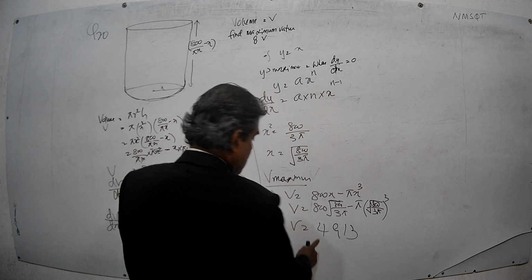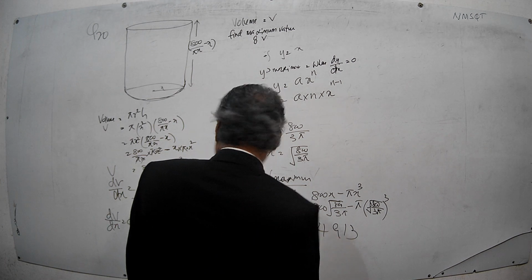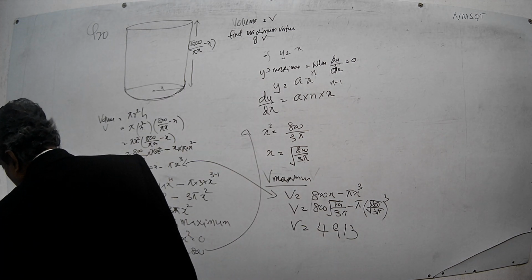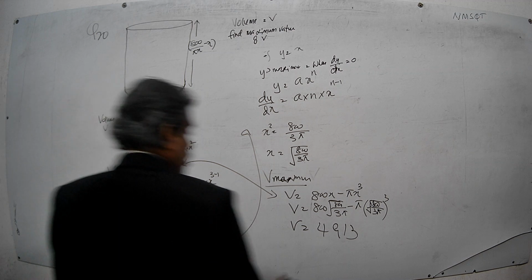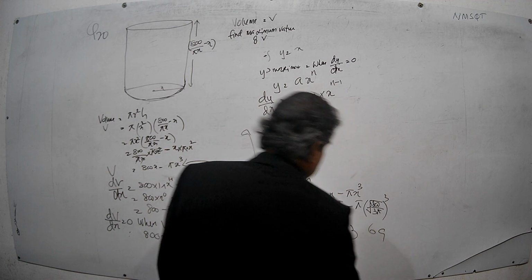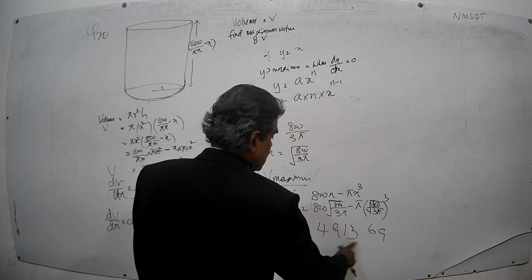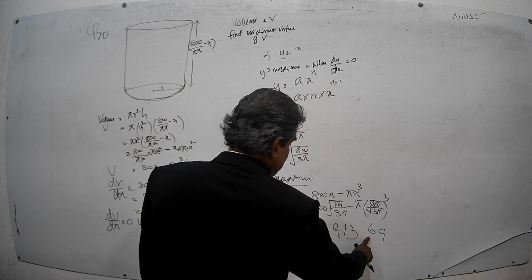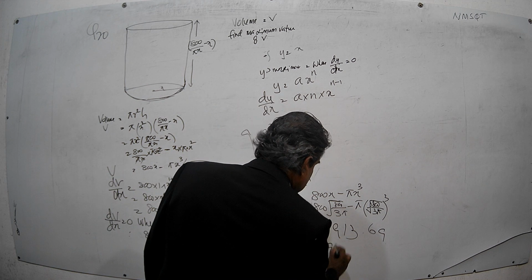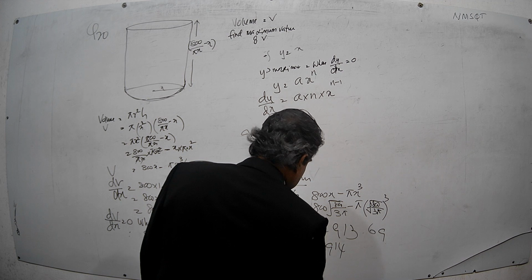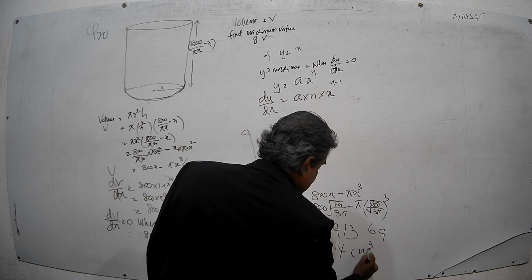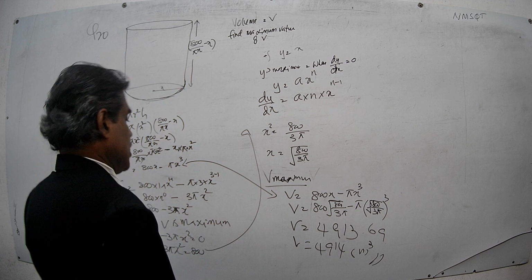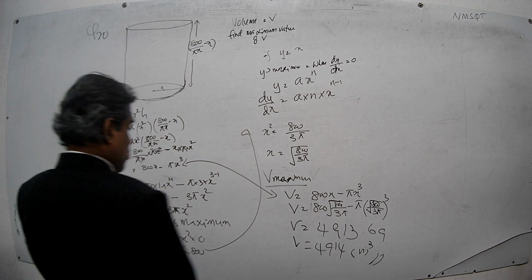To the nearest whole number means to the nearest unit. 4913.69, that means the first decimal is greater than 5, so 4914. That will be in cubic centimeters. That will be the volume. Okay. Maximum possible volume.